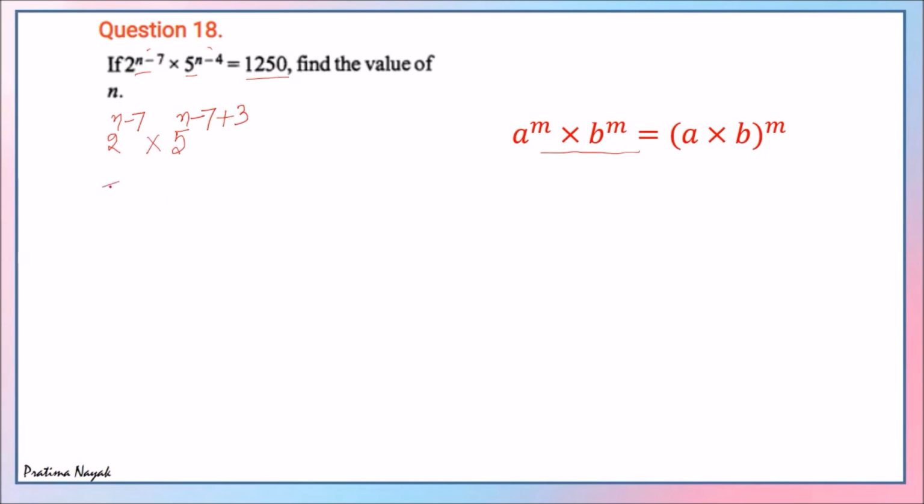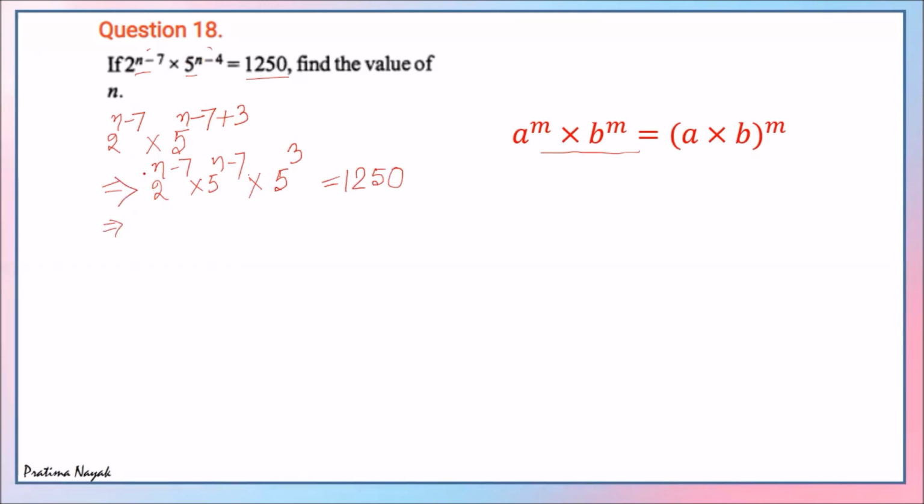Because n minus 7 is less than n minus 4. So I'll write n minus 4 is equal to n minus 7 plus 3. In the second step, I'll write 2 to the power n minus 7 into 5 to the power n minus 7 into 5 to the power 3 is equal to 1250. This symbol is implies that.